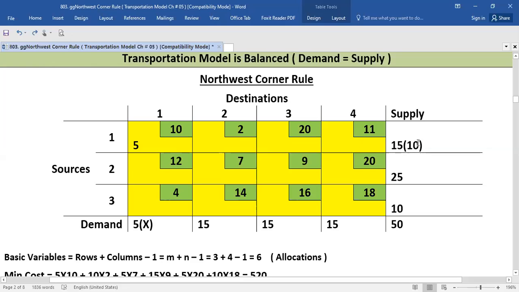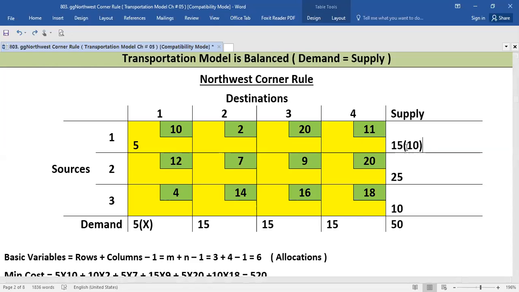You subtract your allocation from your supply and write the remaining figure in bracket form. This shows that the remaining supply is now 10.